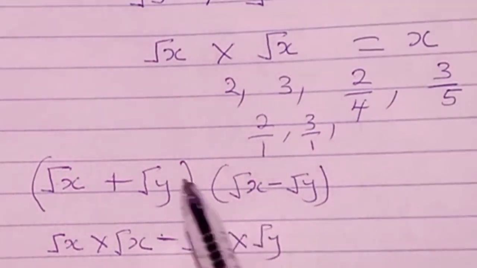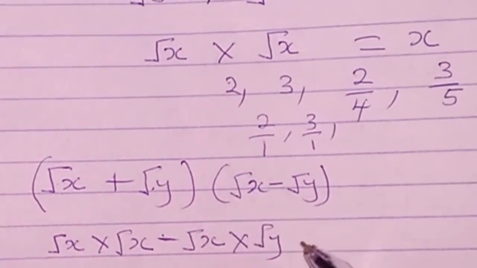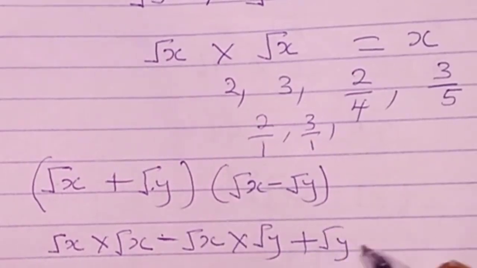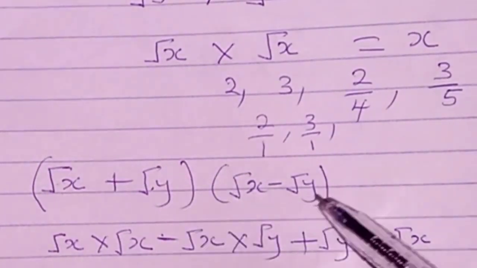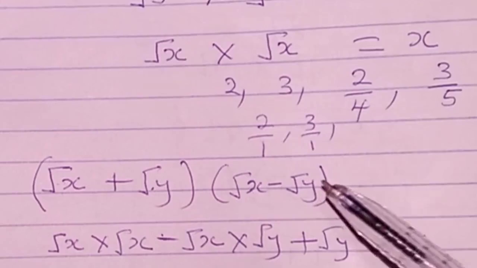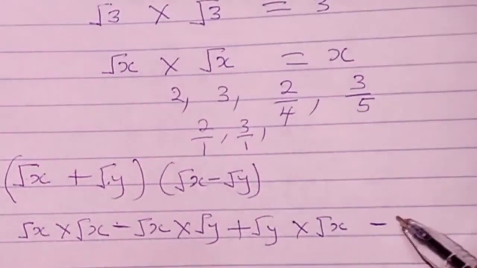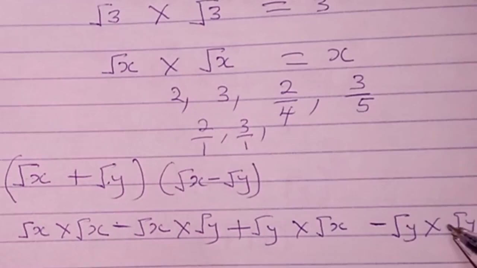And root y multiplied by root x, we're going to have plus root y times root x. Now root y multiplied by minus root y, we then have minus root y times root y.